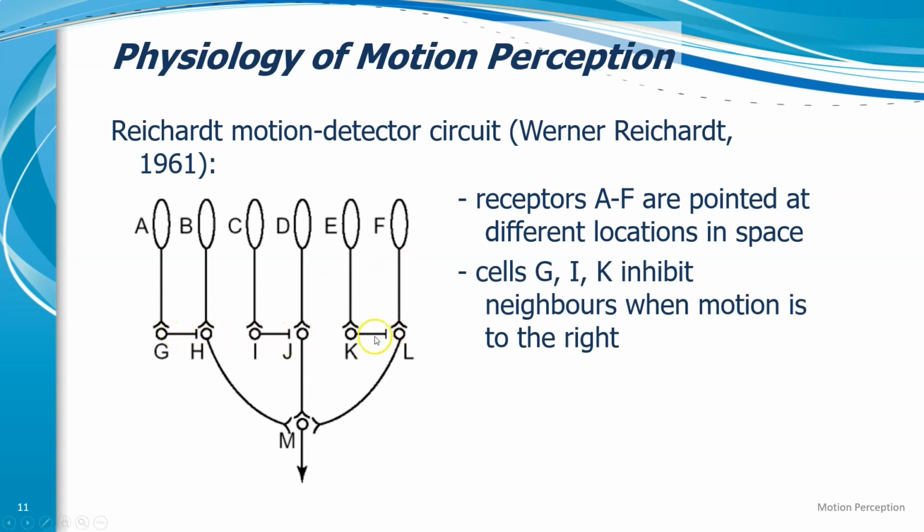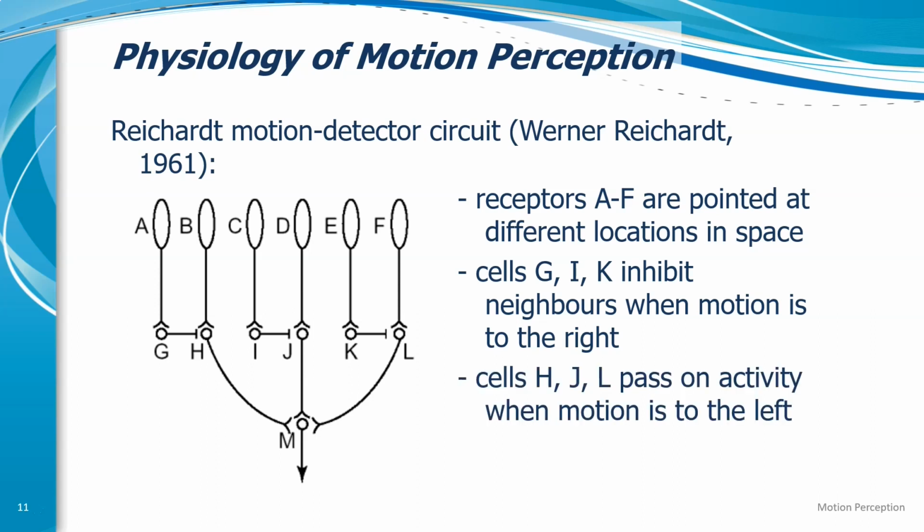So it looks like they have a T-shaped ending, which means inhibition, lateral inhibition, because they're inhibiting their neighbor off to the side. Cells H, J, and L will pass on their activity only when motion is occurring to the left. Only when motion is to the left.